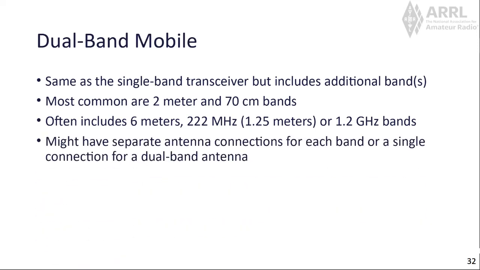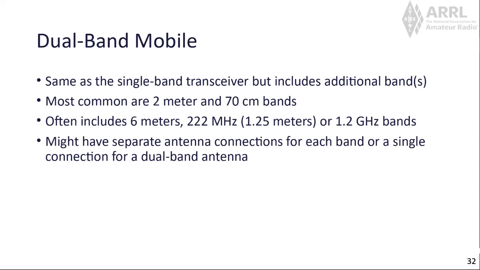Okay, next one. Might have separate antenna connections for each band or a single connection for a dual band. That's what you see here, one antenna. If this radio were doing 6 meters, it might have two. The Yaesu FT857 that I had had two antenna connectors on the back, one for 160 to 6 and the other one for 2 meters.